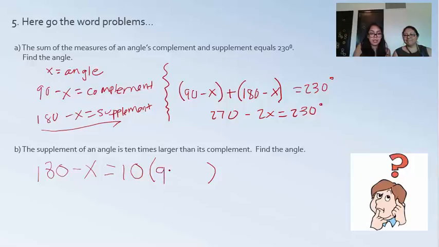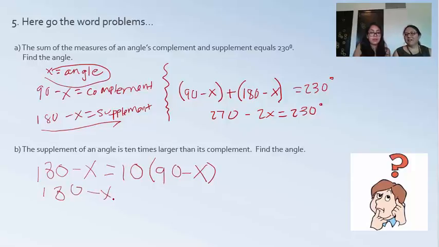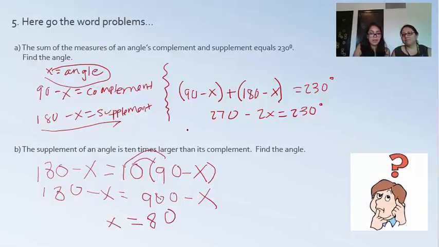So it's going to be 90 minus x. And then once you combine like terms, you should solve for the angle. That's how you'll be able to find your angle, right? By solving. So you just distribute here. From there, you can start doing it on your own. And just to double check, we got x equals 80 here. And for this problem, you should be sure your work is correct: x equals 20.